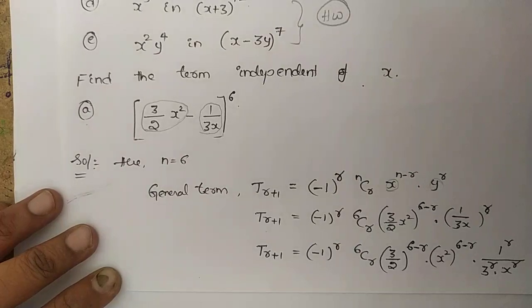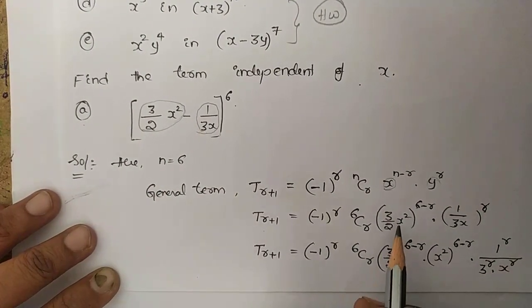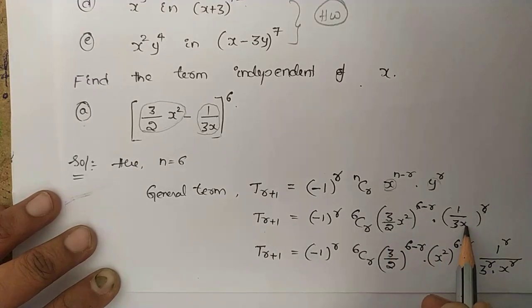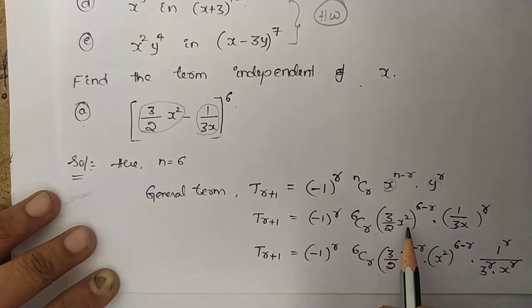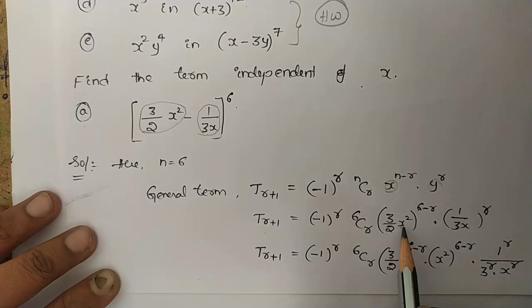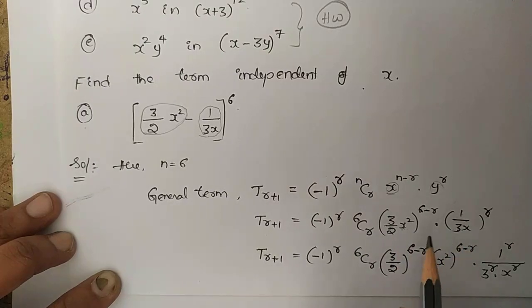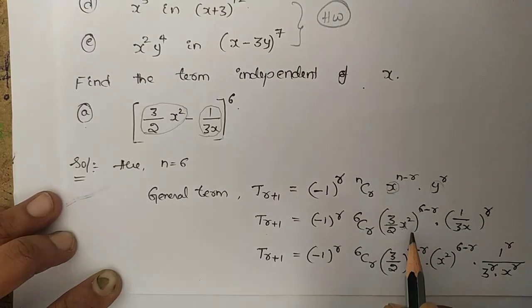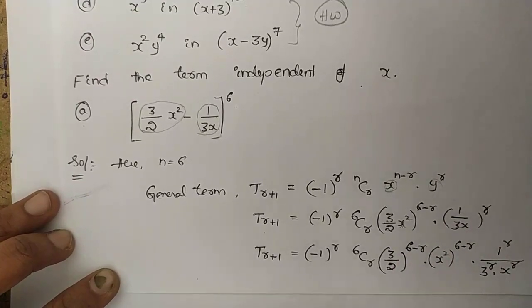Okay. You just observe the general term of this expansion. Here we have x square, here we have x. 2x are there, isn't it? So we have to simplify that. One x will be there in the simplification.